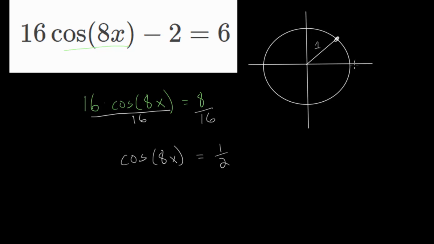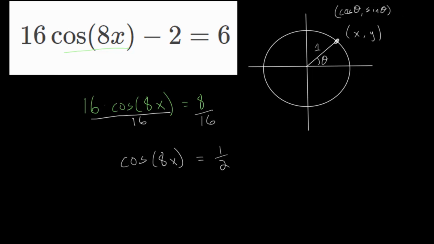And you might remember that at a point on the circle, if this angle is theta, the x coordinate can be shown to be the cosine of that angle theta, where y is the sine of that angle theta.